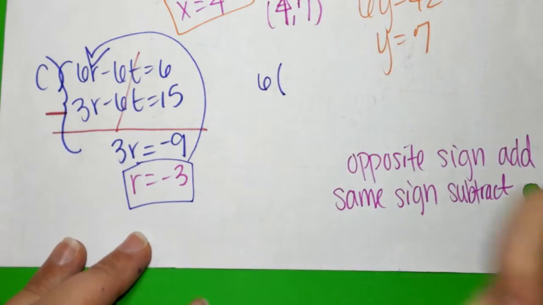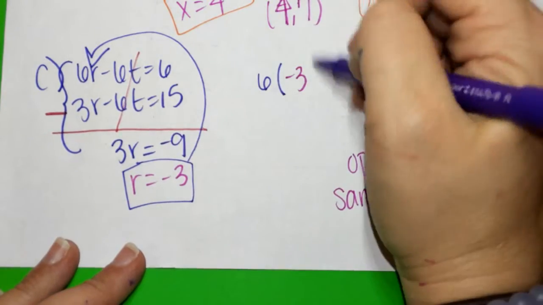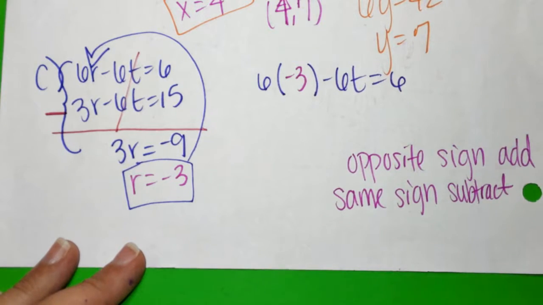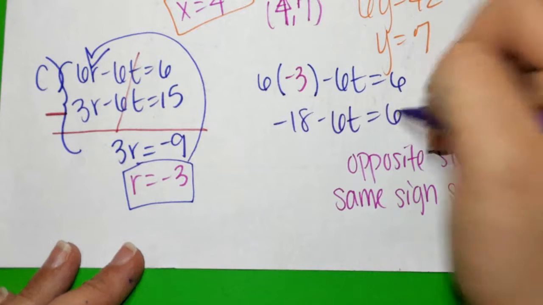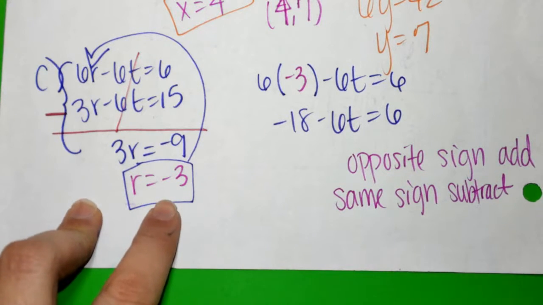All right, what does R equal? Negative 3. Negative 18 minus 16. Okay, where are you confused? What do we do after you get this? Okay, we got R equals negative 3, correct?